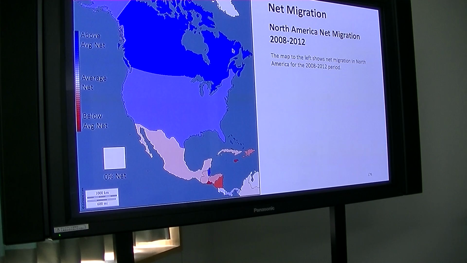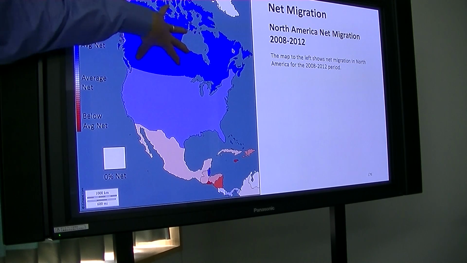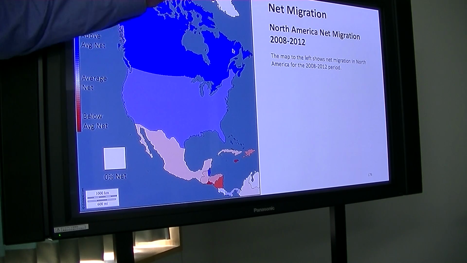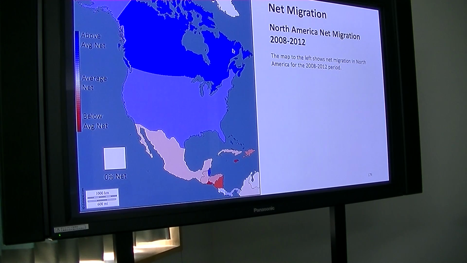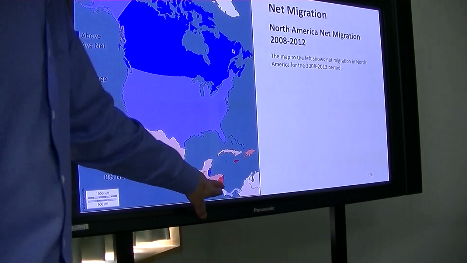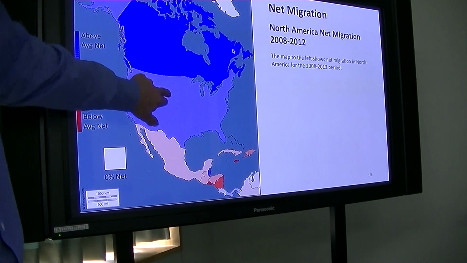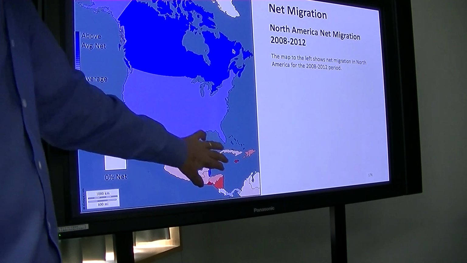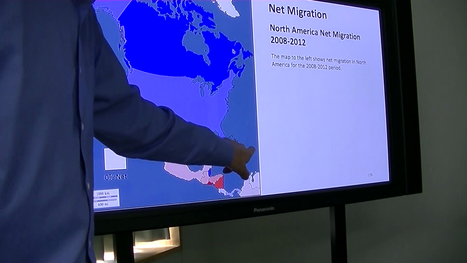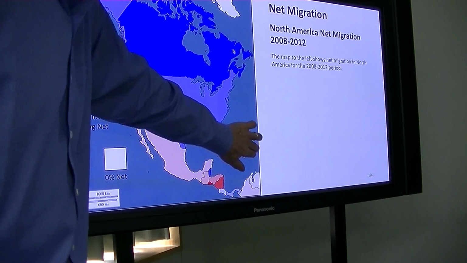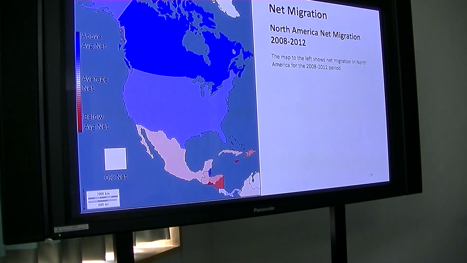Her father was an engineer. He could get to Canada, and they were happy to have people. So that's why you get that dark blue. And you can see the flow. It's very easy to see this flow from Central America up north. That's Jamaica, English-speaking, people going to the United States, Dominican Republic, and Haiti, again, going to the United States.